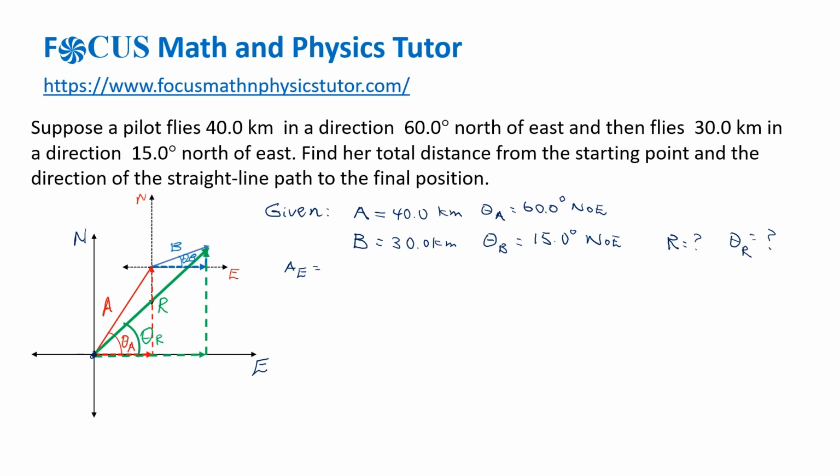A sub e will be A cos theta A. A is 40 kilometers, and cosine of the angle, 60 degrees. That yields 20 kilometers in this direction.